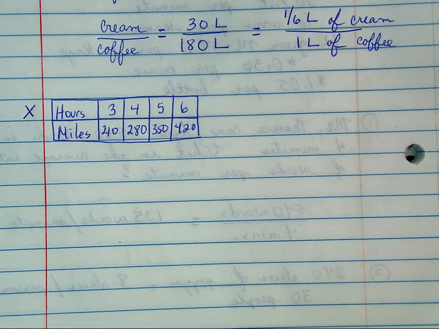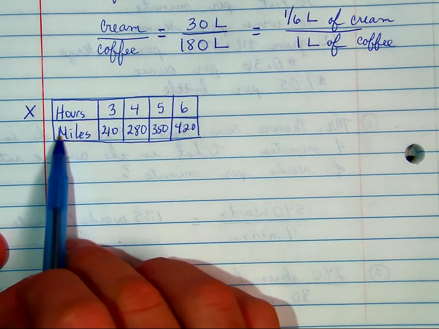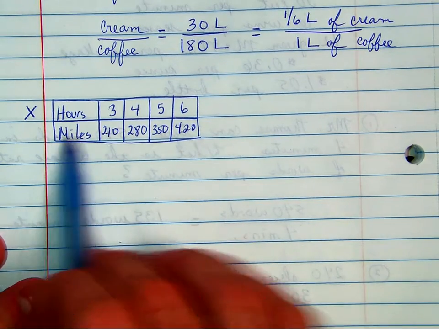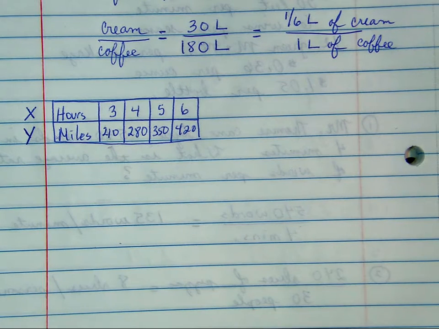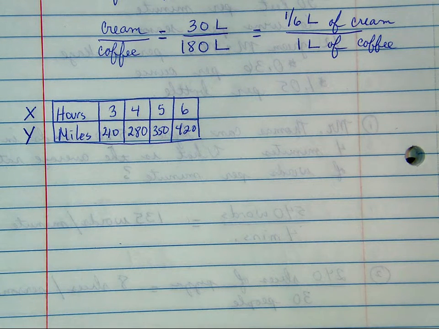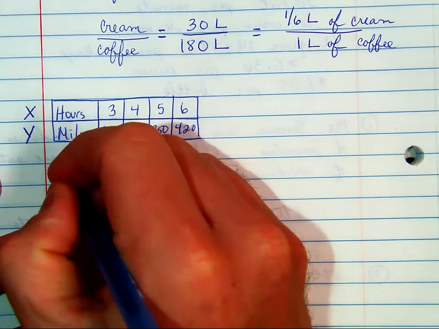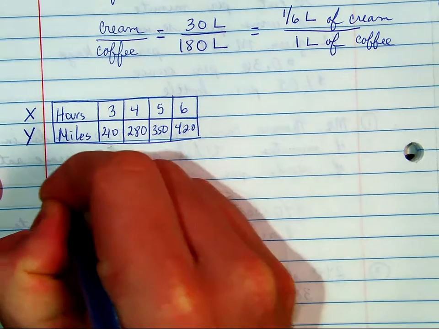The second row is the y axis. We always write our unit rate y depends on x.